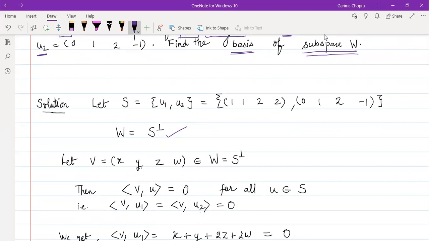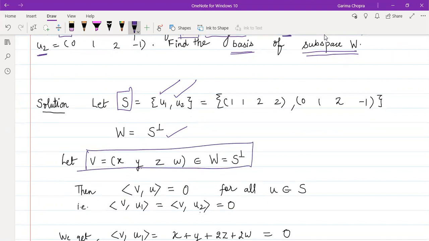If this v is an arbitrary vector of this subspace W, then its inner product with all the vectors of the subset S will be 0. Means it will be orthogonal to U1 and it will be orthogonal to the vector U2. So the same thing we are doing here: the inner product of this arbitrary vector v of the subspace W with the given two vectors U1 and U2 will be 0.